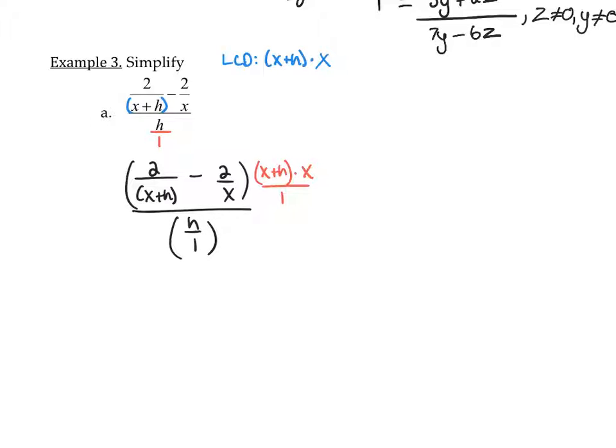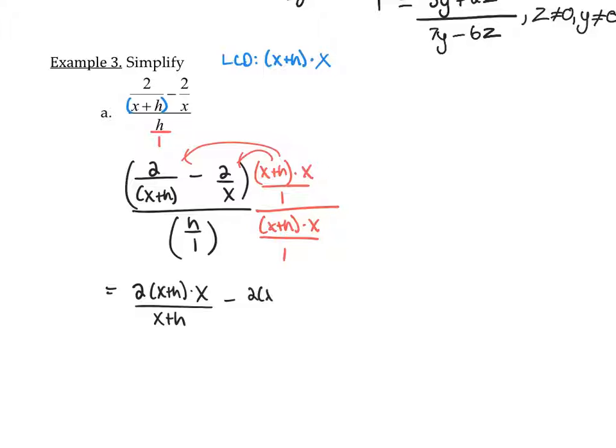So x plus h times x over 1 over x plus h times x over 1. And I distribute in the numerator, and that gives me 2 times x plus h times x over x plus h, subtract 2 times x plus h times x over x, all over h times x plus h times x.